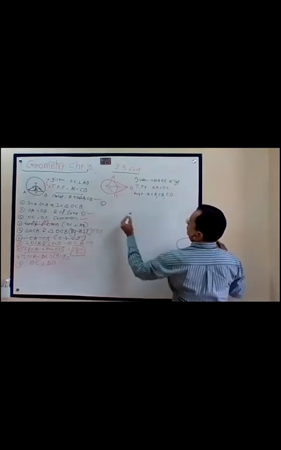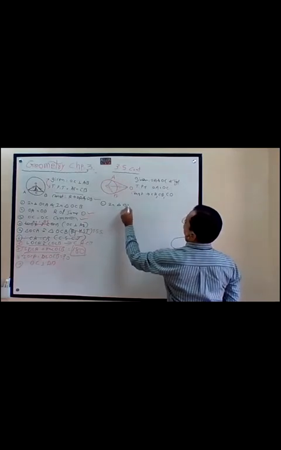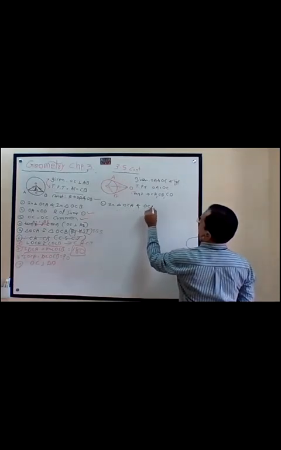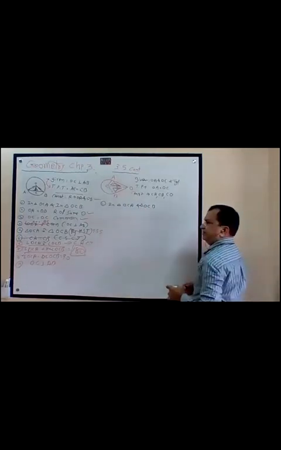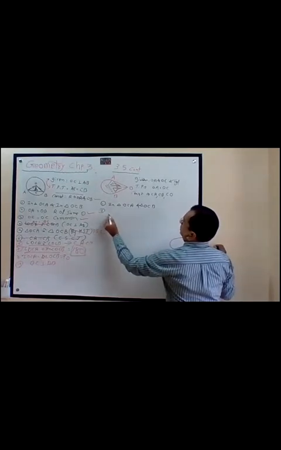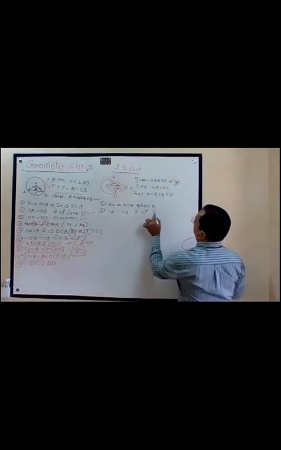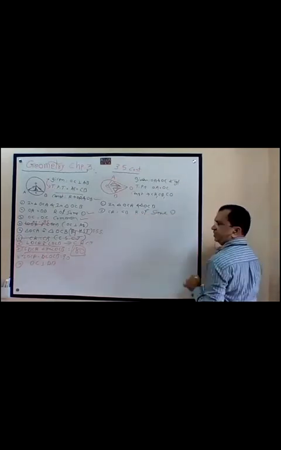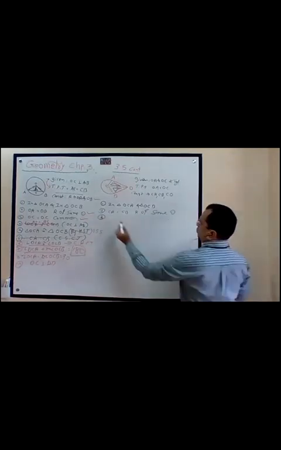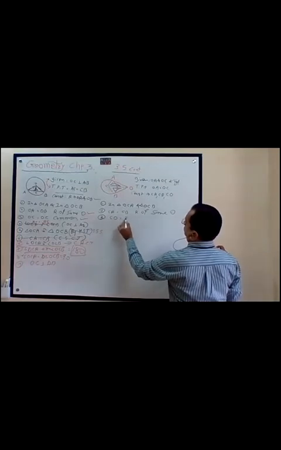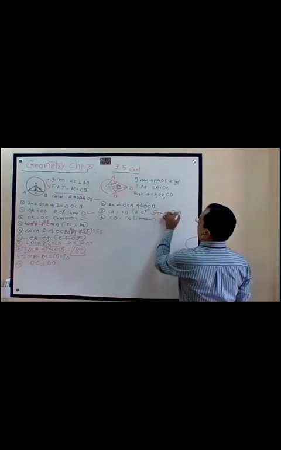Now, proof number 1, in triangles OCA and OCB, in this triangle and this triangle, CA is equal to CB, radii of the same circle. Third, CO is equal to CO, common.